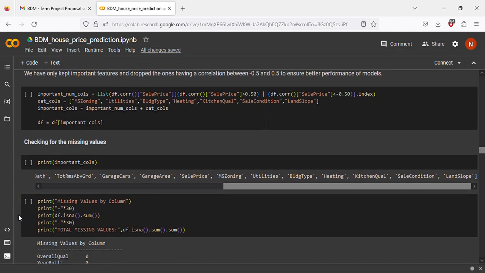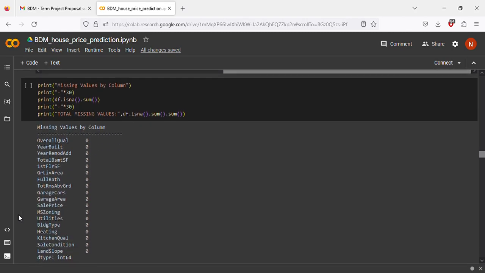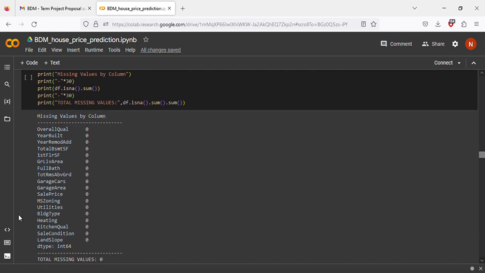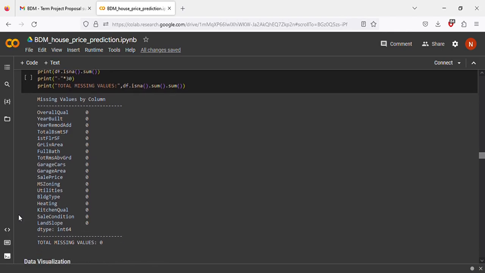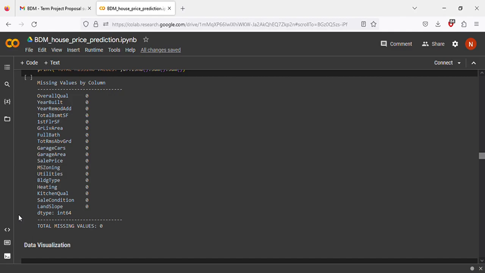After that, if we check the missing values, we see that no missing values are available. Hence we can conclude that our data is cleaned and is ready for the model.